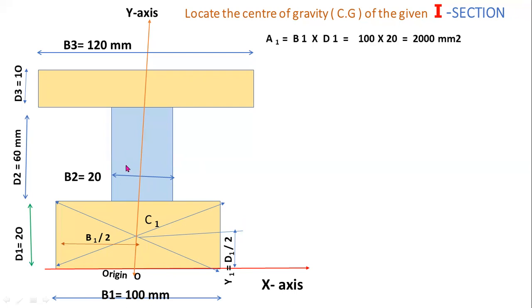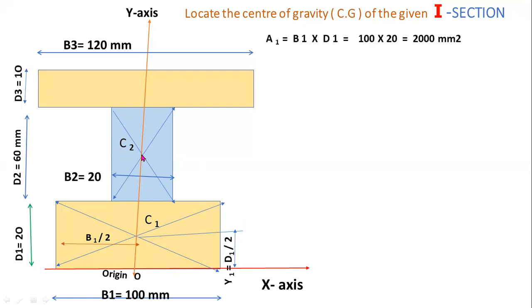In a similar way, I am drawing the diagonal lines for the web for locating the centroid of the web. Let C2 be the centroid of the web. This intersecting point is the centroid of the rectangle.